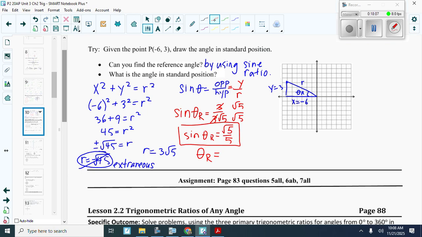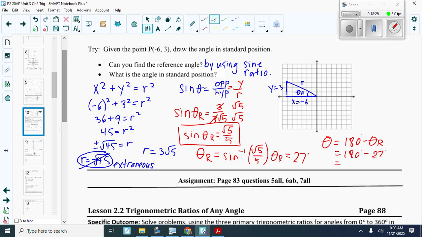Obviously, when you take the inverse sine of that, your calculator is going to convert it to decimals for you and give you a reference angle of, what did we get, 27. And then our standard angle is going to be 180 subtract the reference angle. So 180 degrees subtract 27 degrees.